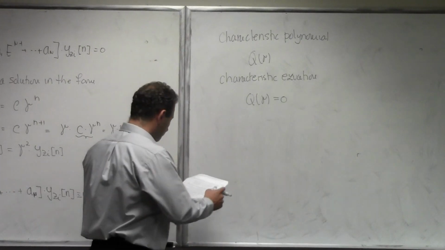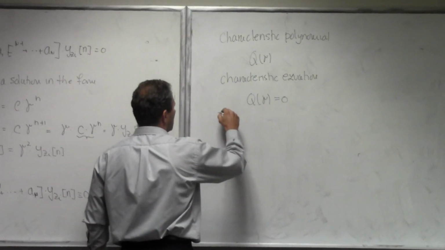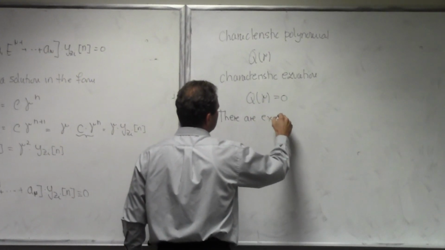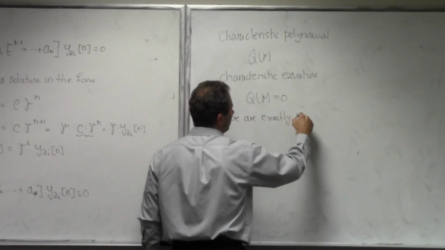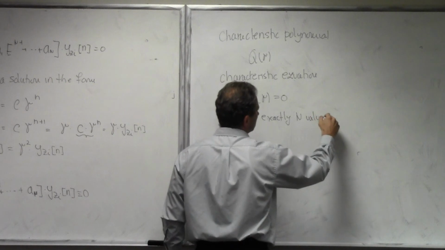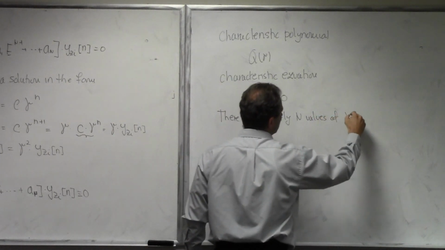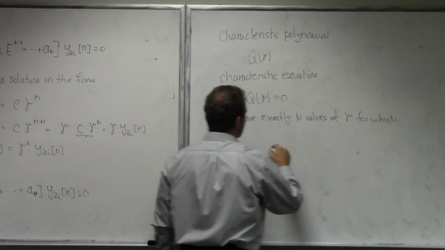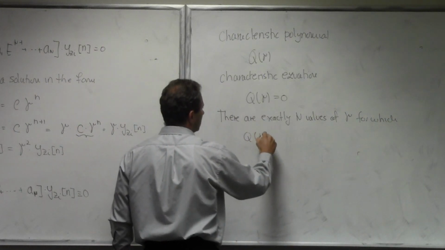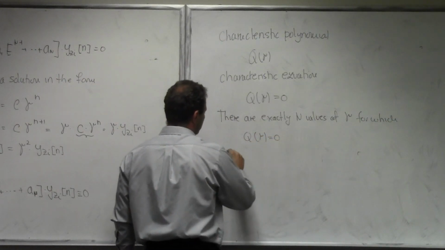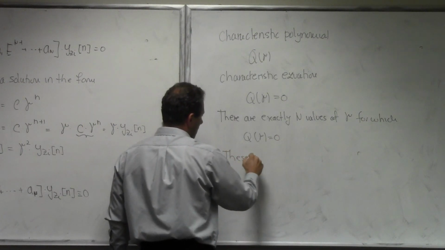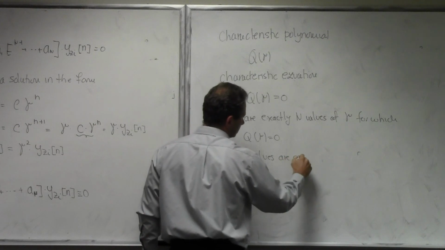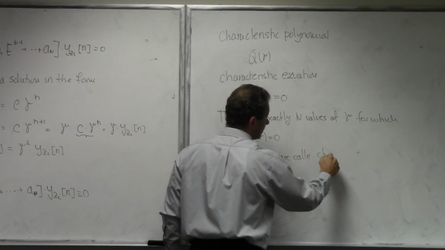So there are exactly n values of gamma for which Q of gamma is equal to 0. These values are called characteristic values.